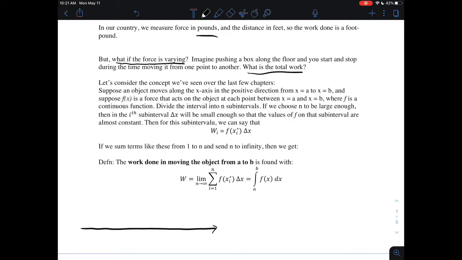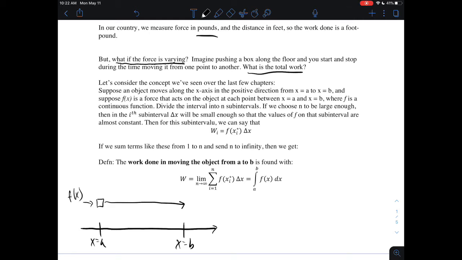But we just want to think of from point x equal A to point x equal B. And suppose f of x is a force that acts on the object at each point between x equal A and x equal B. So if you've got an object like, let's say, a box, you're going to be moving it this way, by pushing on it with this force f of x.